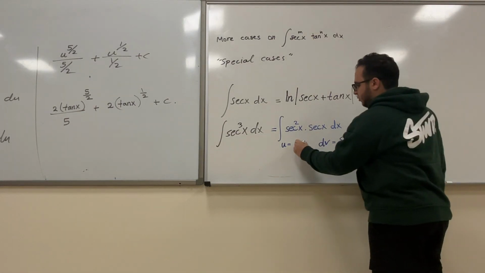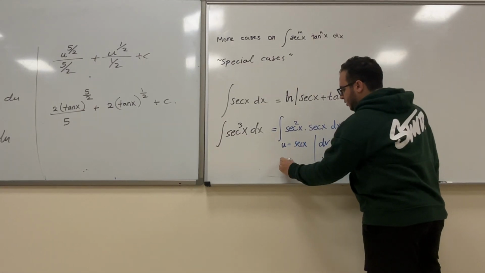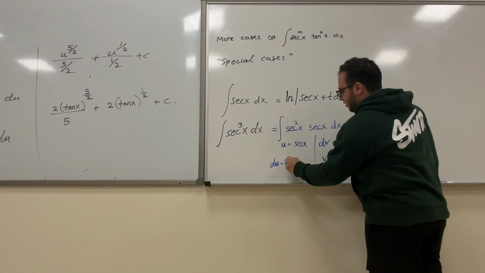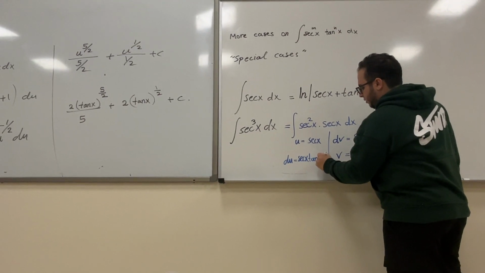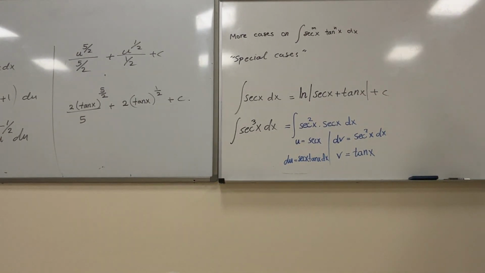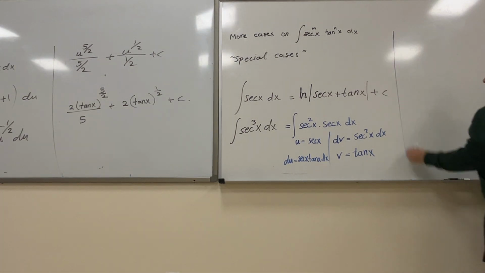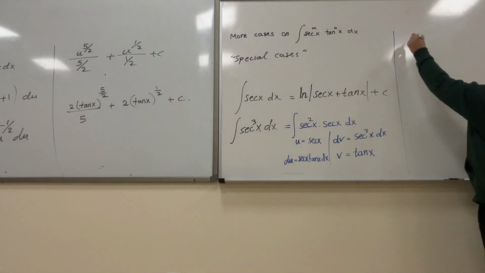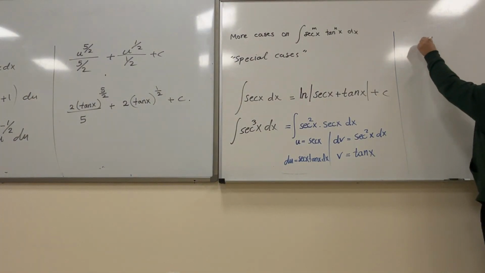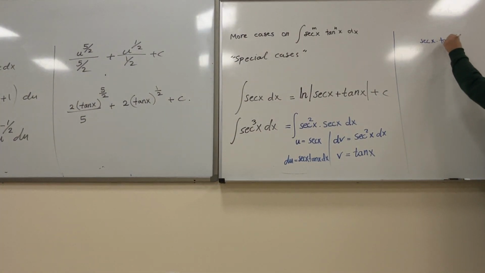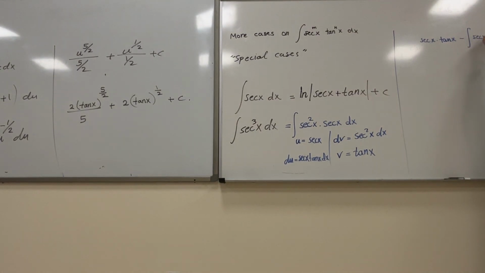The derivative of secant is secant x tan x. So you get secant tan minus integration of secant tan squared.